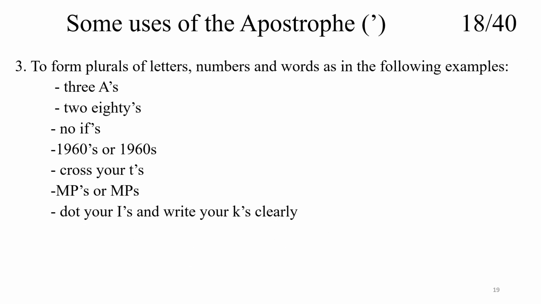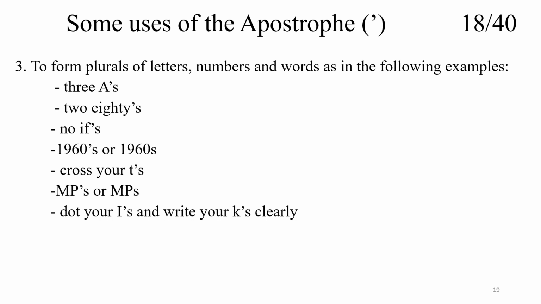Now we can also use the apostrophe to form plurals of letters. If you want the plural of letters, numbers, and words, we can use the apostrophe to do that. For example, if I want the plural of A, I only need to bring the apostrophe and S after the A. So I can say that I had 3 A's in my NOV/DEC exams.